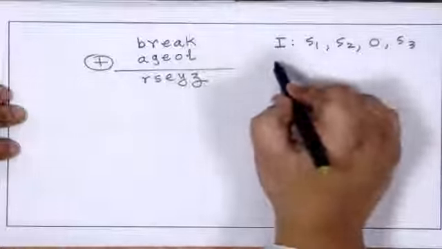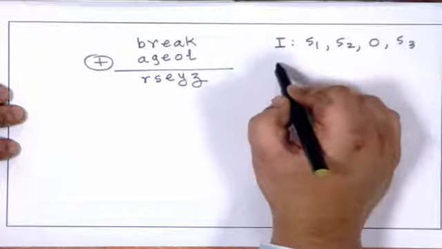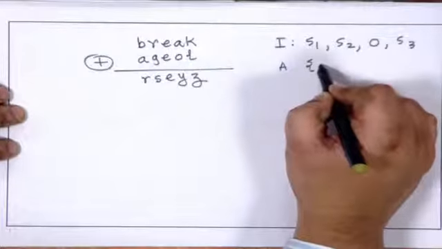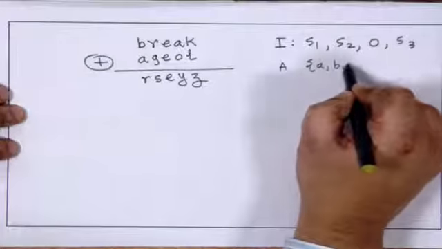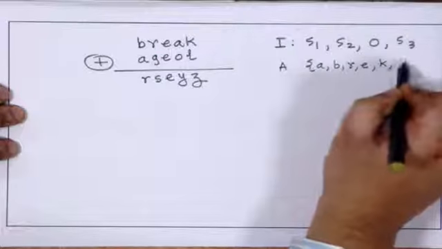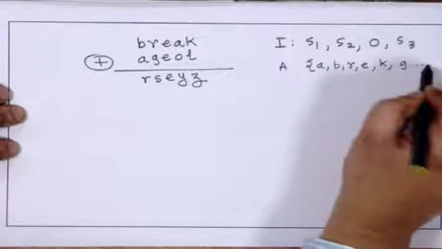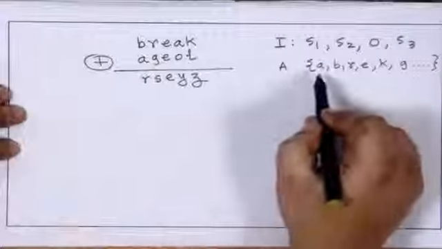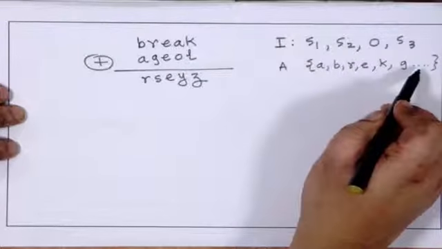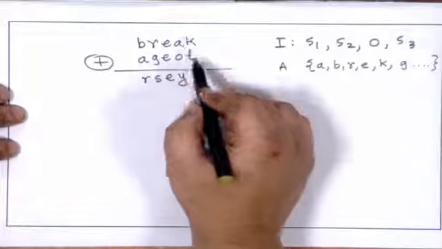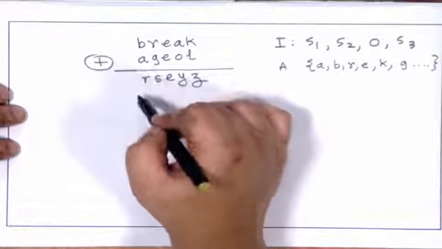And other than these, there will be an alphabet set A consisting of A, B, R, E, K, G, etc. I would like to know what are the values of these alphabets, these elements, such that the arithmetic matches.